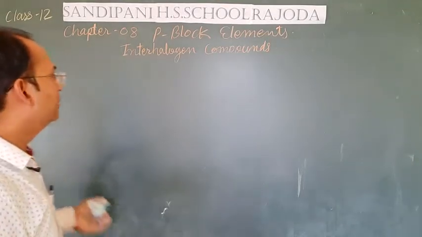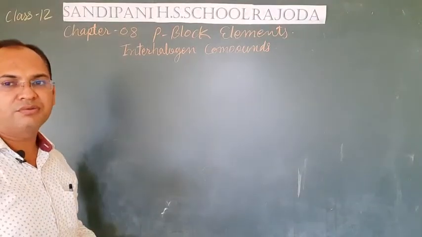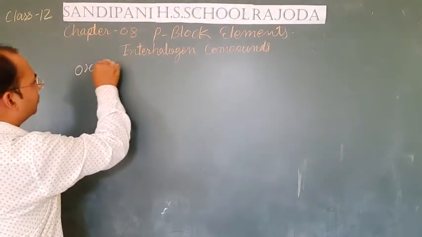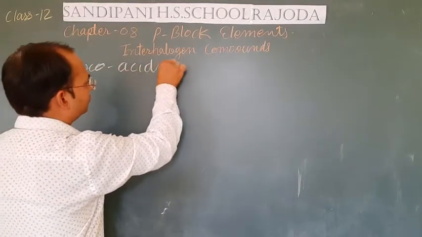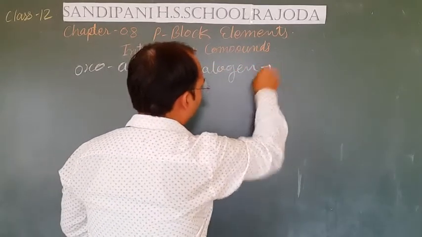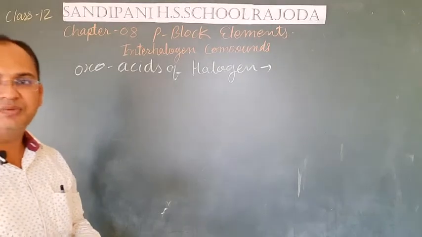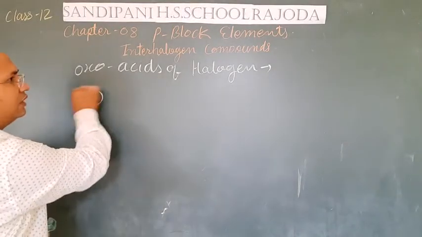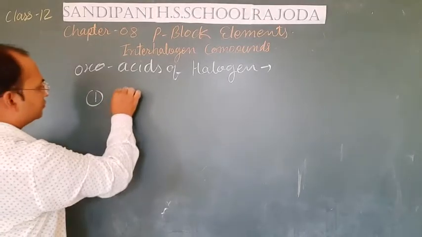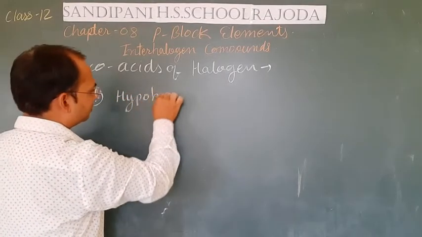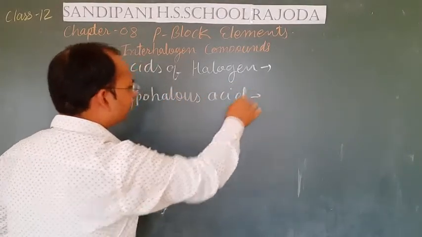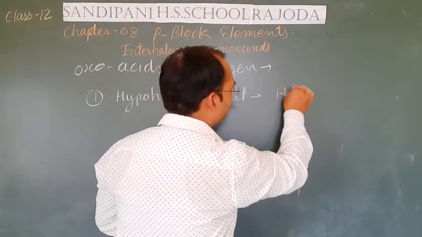So students, they mainly form 4 types of oxo acids. Oxo acids of halogen. The first type of oxo acid is hypohalous acid, that means HOX.